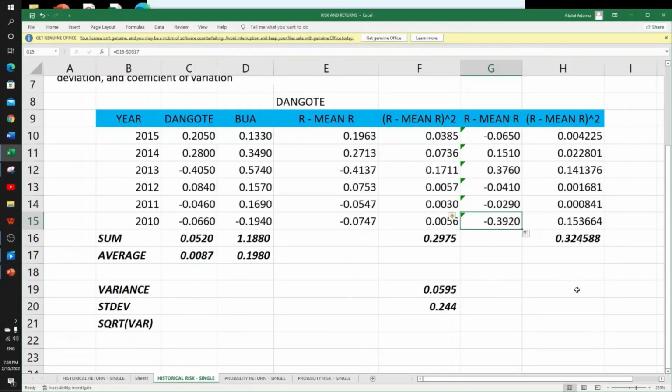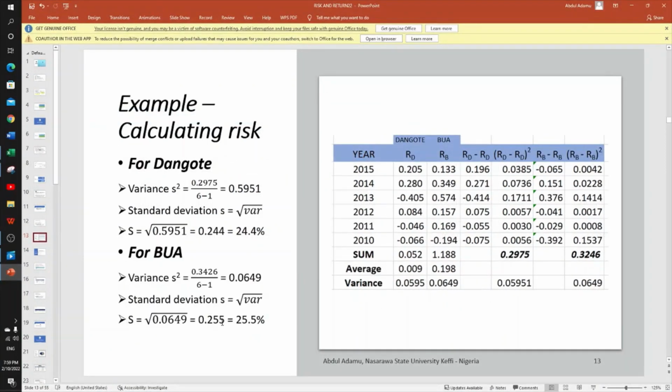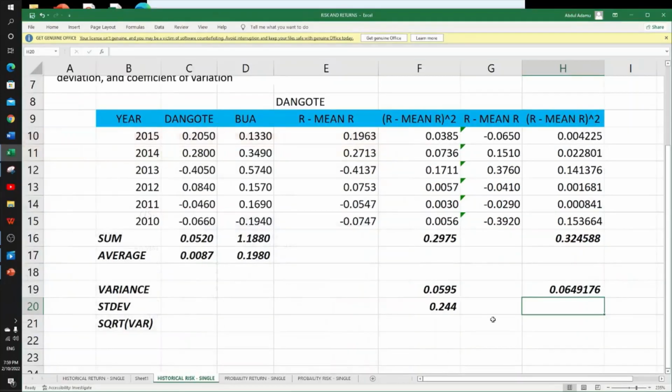Then if we divide it by 5, this divide by 5, enter, we have our standard deviation. Check the standard deviation. The variance 0.0649, that is the value. Then we take the square root. What's the square root?